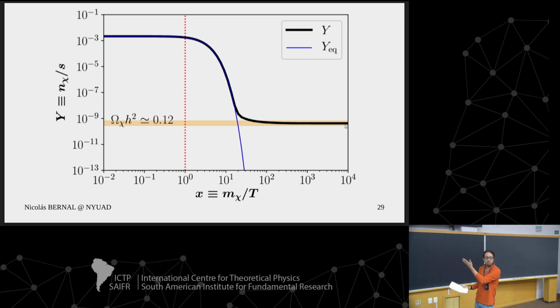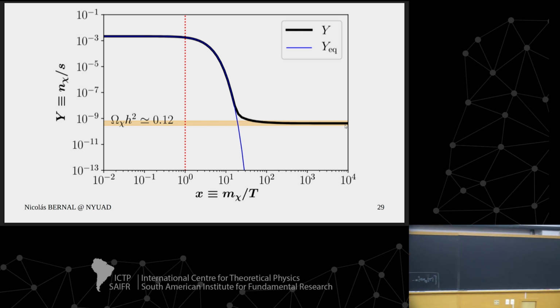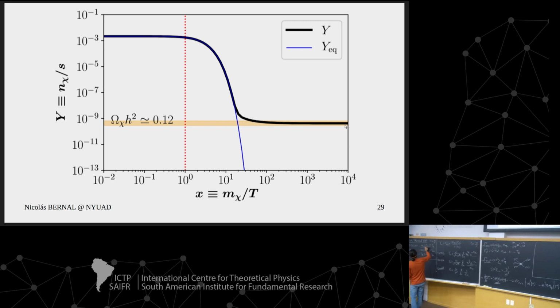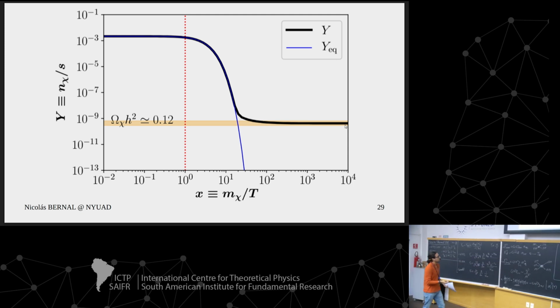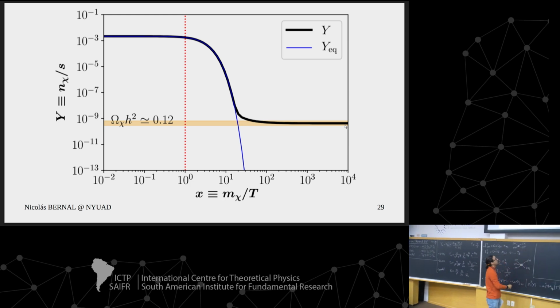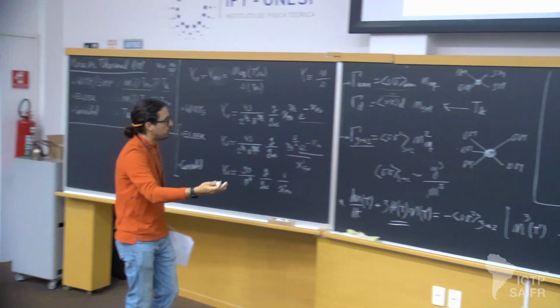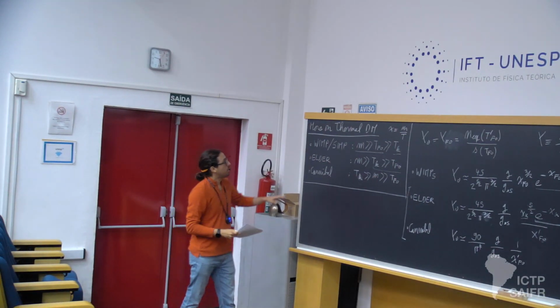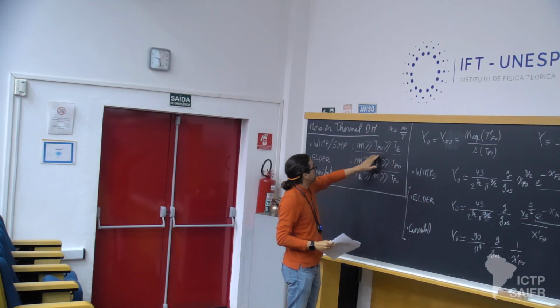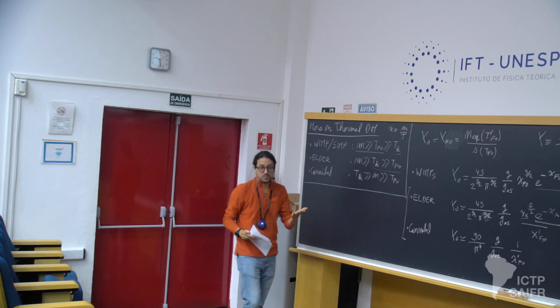Here I'm showing you the plot of the SIMPs. The SIMPs, remember, is the case where you have the same temperature. It's exactly a freeze out, but within the dark sector. So it's not two dark matters into two standard model; it would be four dark matters into two dark matter. The dynamics is exactly the same, and this hierarchy is guaranteed, so we have exactly the same temperature.